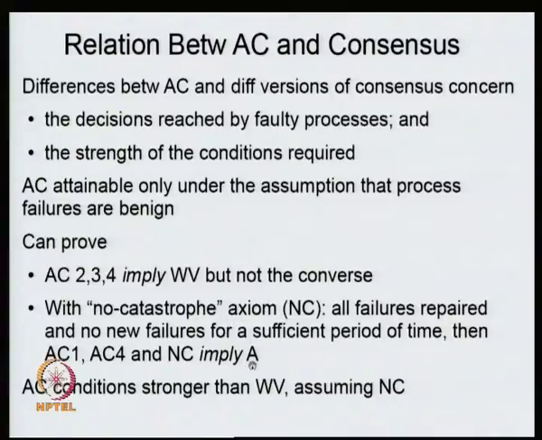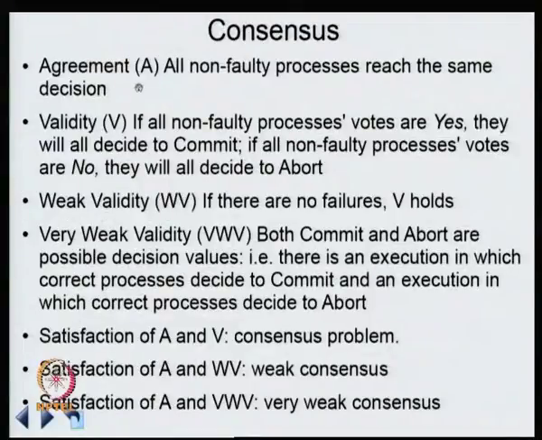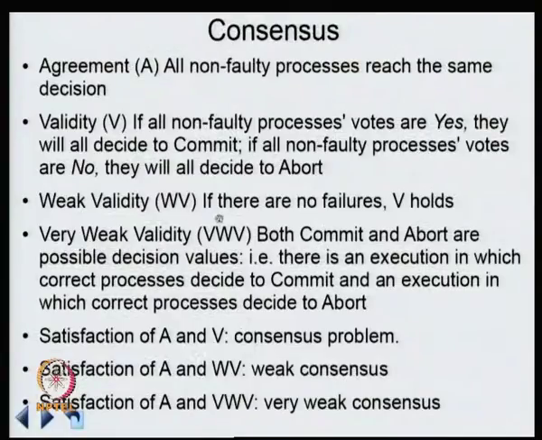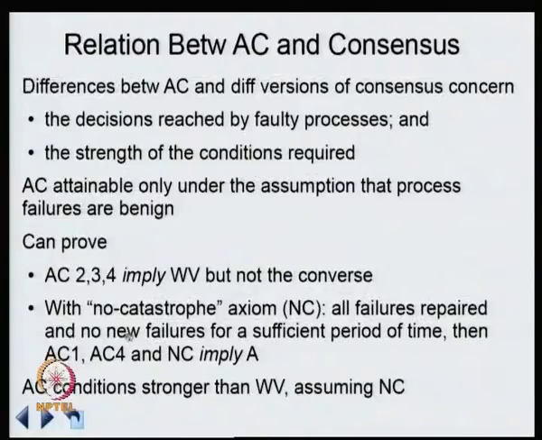Then I can essentially get the agreement part of it, because I have added the fact that things stabilize, which is now available for consensus also. Therefore, I can now say that AC1, AC4, and the fact that things stabilize after some period of time imply agreement.